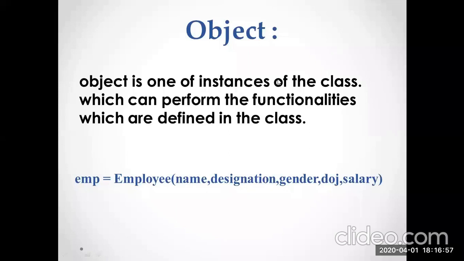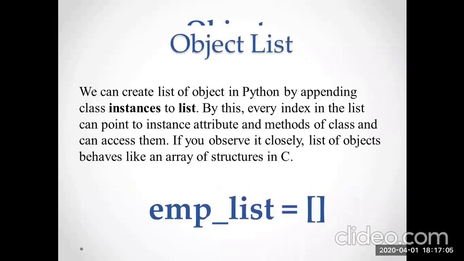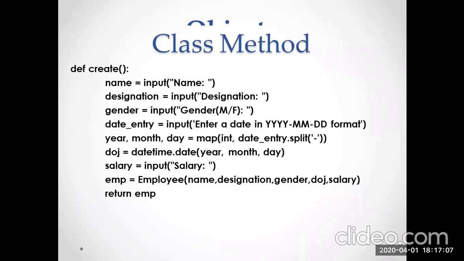So what is an object? An object is one of the instances of the class which can perform the functionalities which are defined in the class. In our program, we have just seen a create function where we are creating an object of the employee class. The object name is small emp.